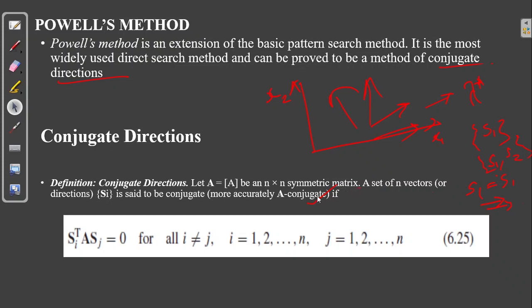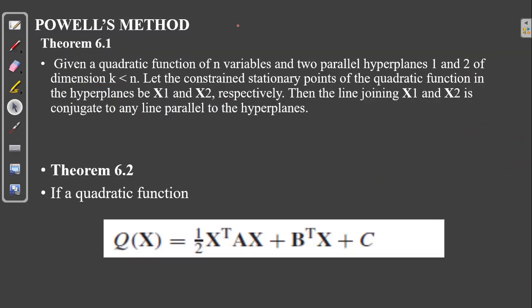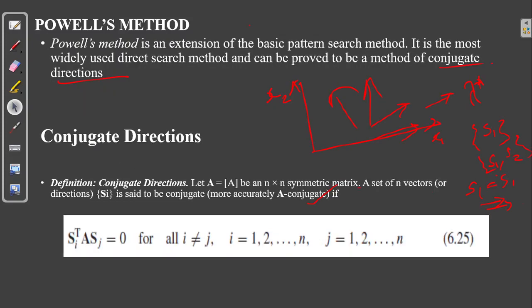So why do we define this conjugate direction? In Powell's method, we are taking advantage of this conjugate direction.